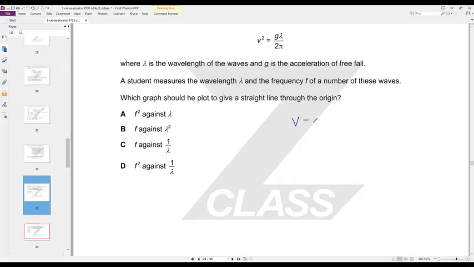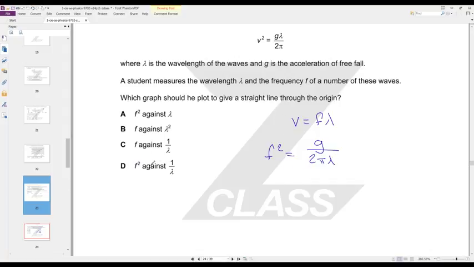They're looking for v equals f times lambda for any wave. That is always true. That is essentially the definition of f and lambda more than anything else. So you substitute these in here and you will end up with f squared equals g over 2 pi lambda.